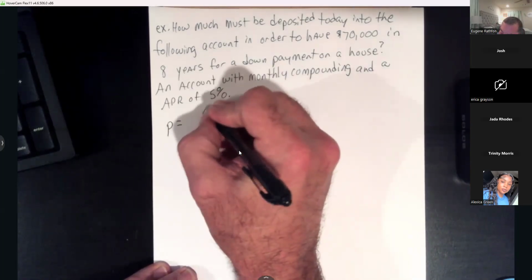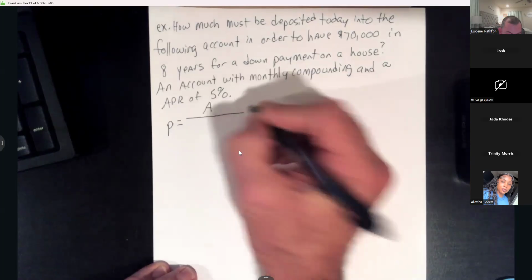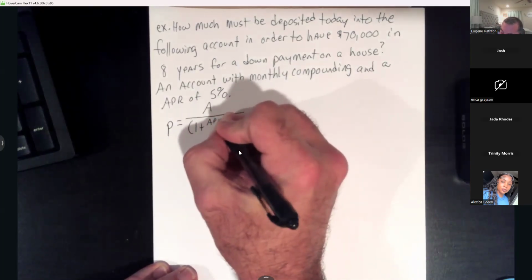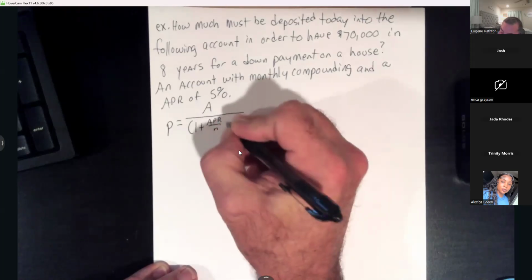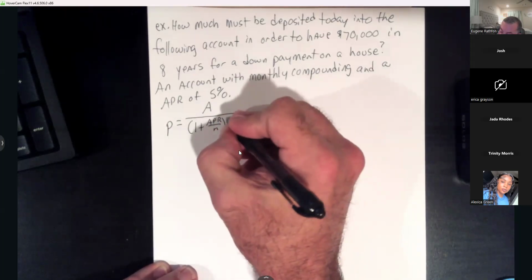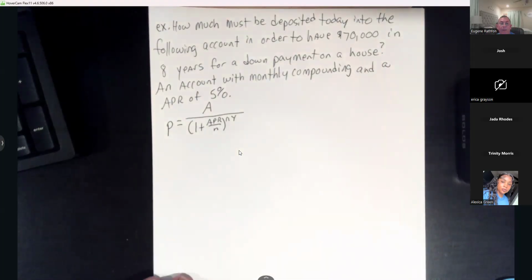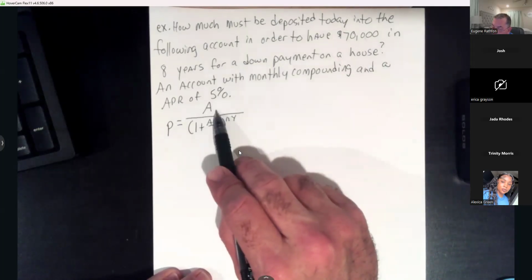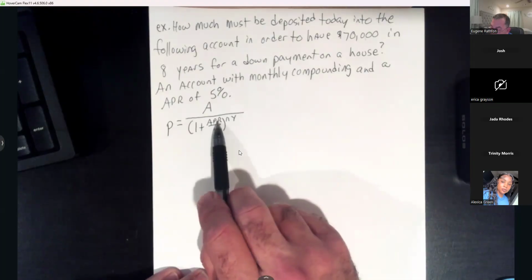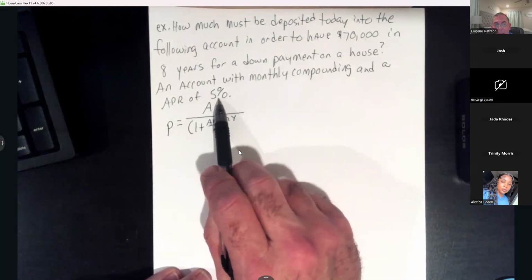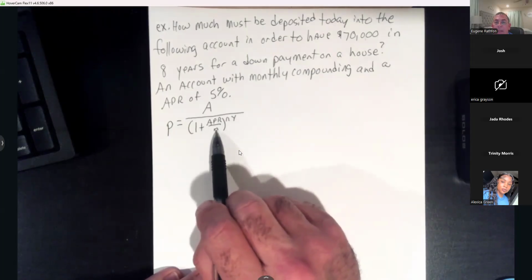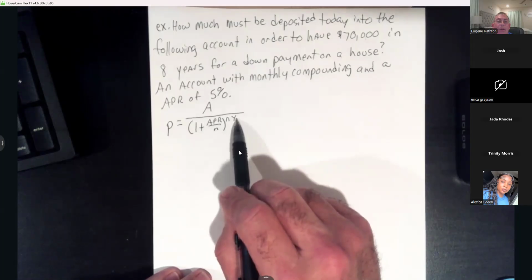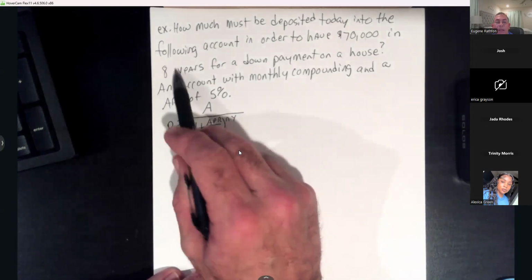This formula was the A divided by 1 plus the APR divided by N raised to the N times Y. So we know the amount we want. That's the 70,000. So that's going to be A. The APR was 5%. We'll turn that into a 0.05. N is monthly, so that'll be 12 again. And then the number of years, they want to try to do this in 8 years.